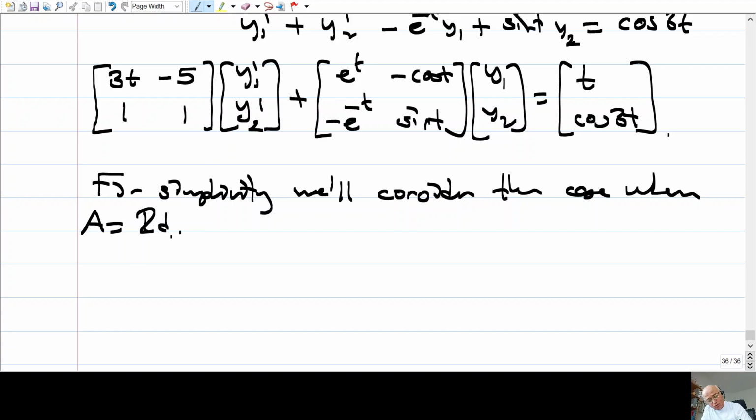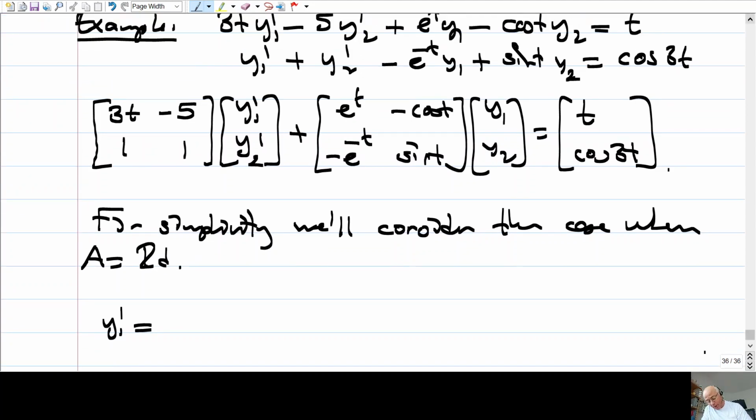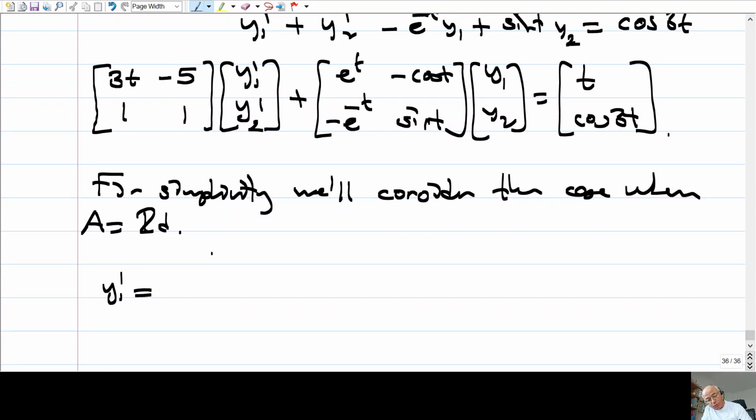I have equations of this type. Let's say y1 prime equals, and let me take all the other terms to the other side. y1 prime is equal to, and here we will use again a notation, instead of b I will write a, so we will have something like this: a11(t) y1 up to a1n(t) yn, and then I have b1(t).